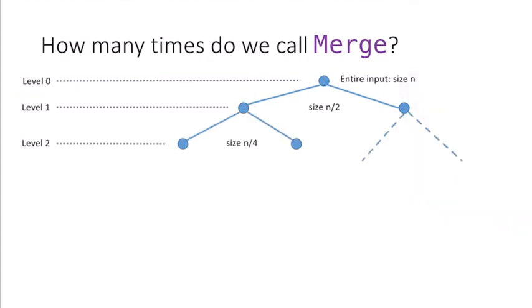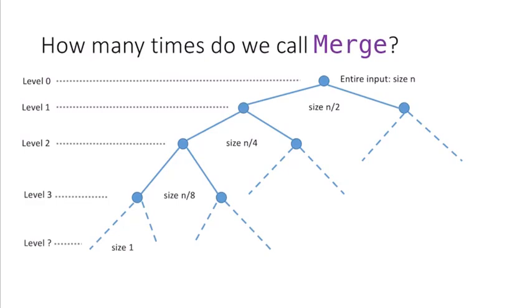At level 2, we had n over 2 elements here. We divide that by 2, and now we've got n over 4 elements here, n over 4 elements here, n over 4 here, and n over 4 here. Another division by 2, and we've got n over 8.